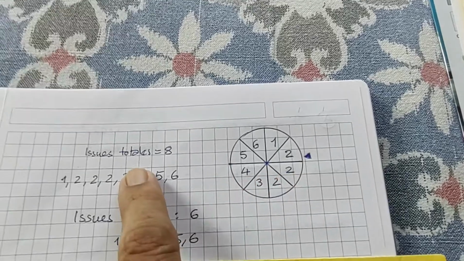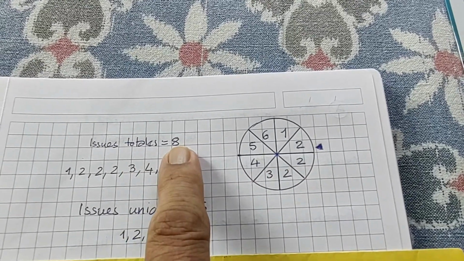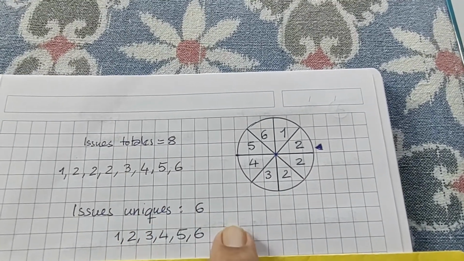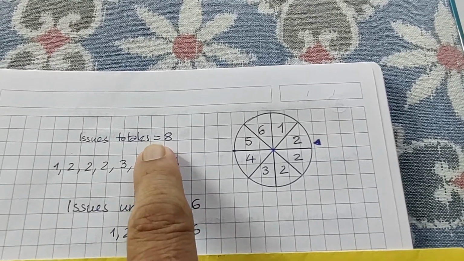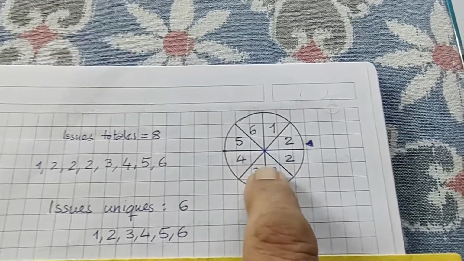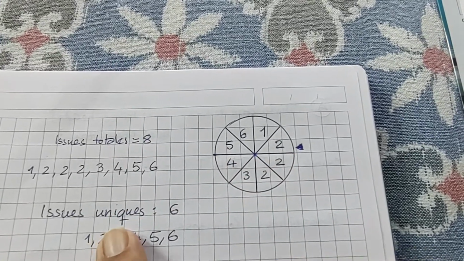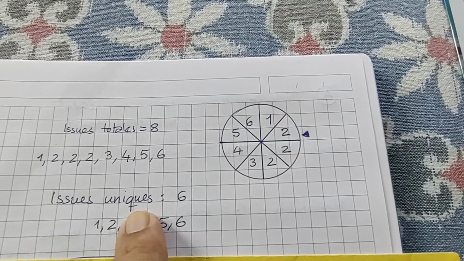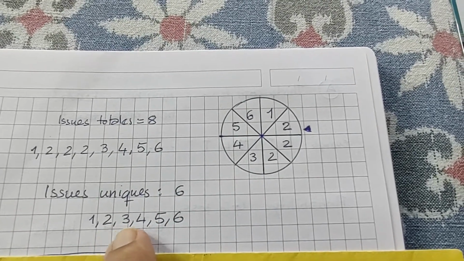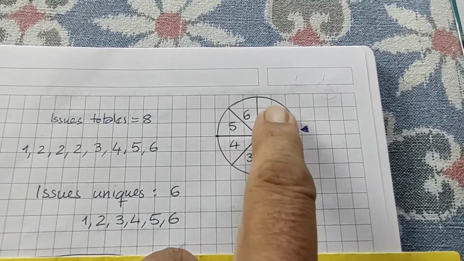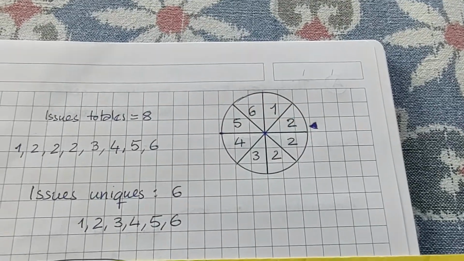So this is slightly different. Total issues, total outcomes 8, unique outcomes 6. Total outcomes are 8 because the wheel can stop in 8 different positions, and different outcomes can only be 6 because 1, 2, 3, 4, 5 and 6 are the only numbers that are there on this wheel.